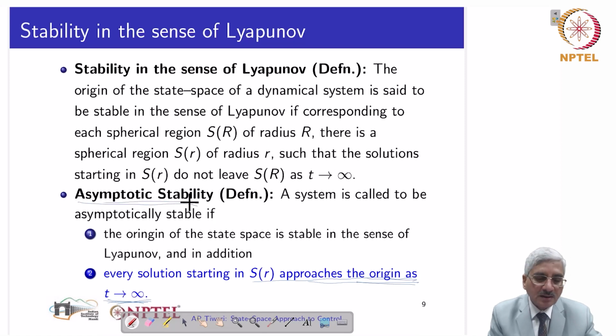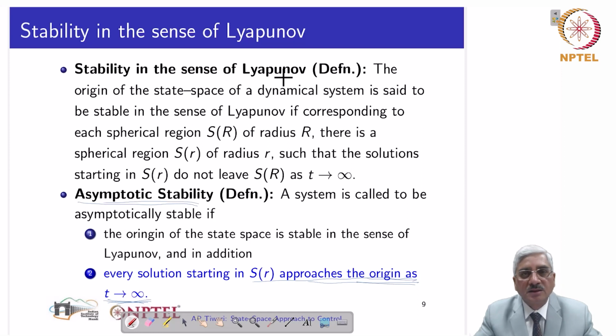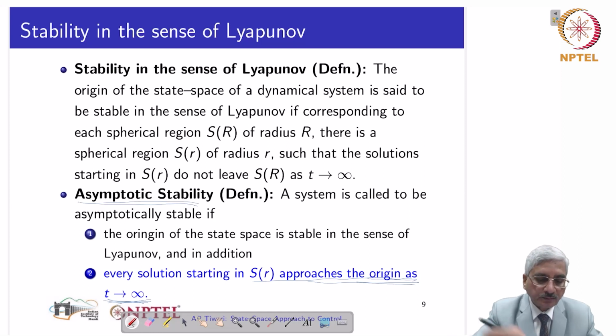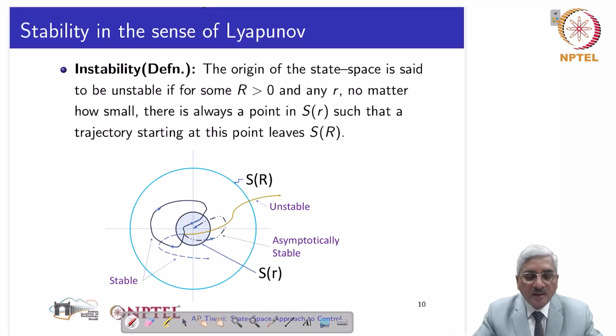It is a stronger condition. This is a less strong condition. And instability: if the solution starting in S(r) leaves S(R), if it goes out, then the origin is called unstable.